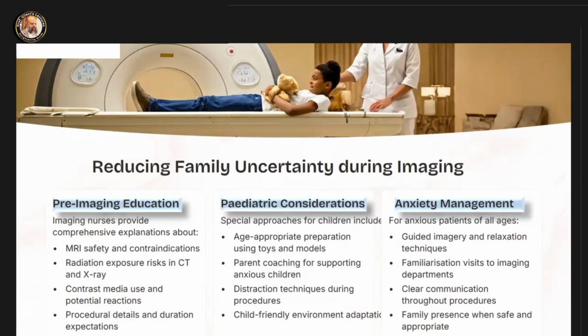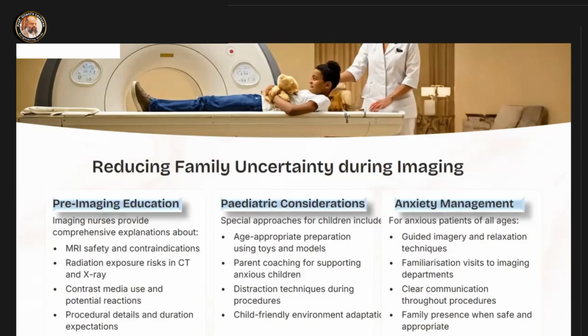So, pre-imaging education. The imaging nurse provides comprehensive explanation about MRI safety and contraindications, radiation exposure risk in CT and X-ray, contrast media use and potential reactions, and procedural details and duration expectations.